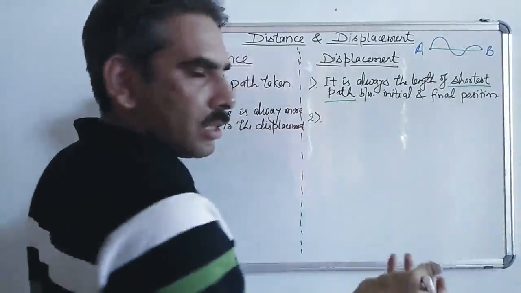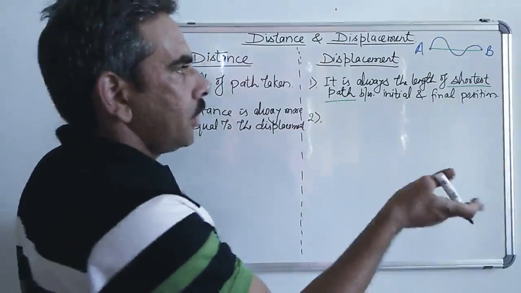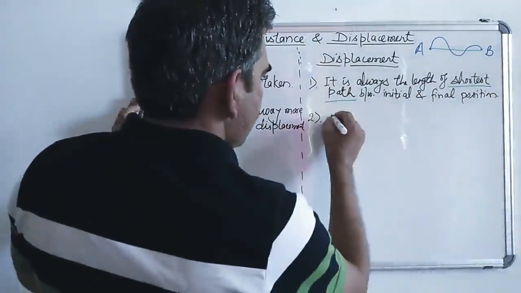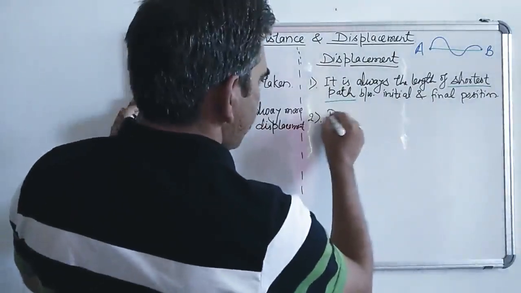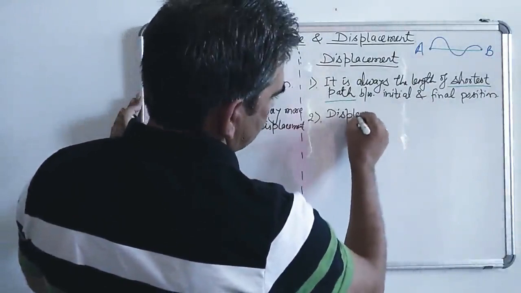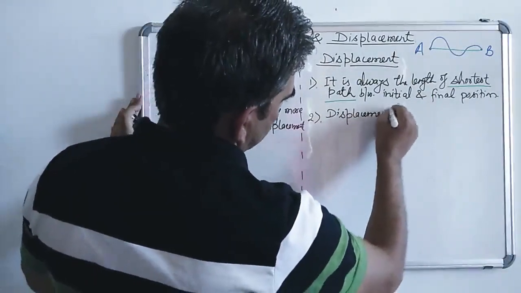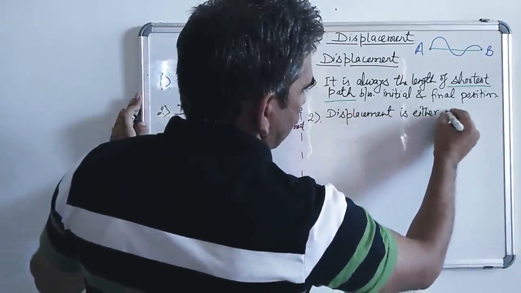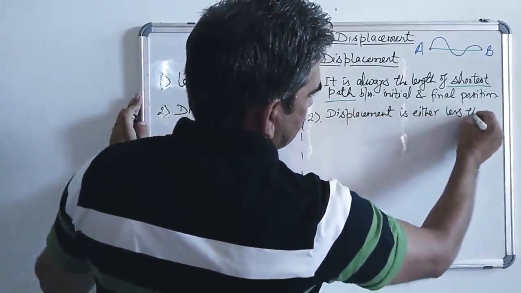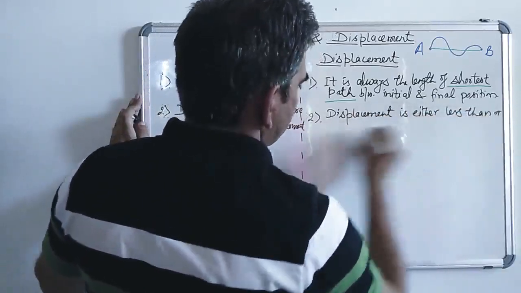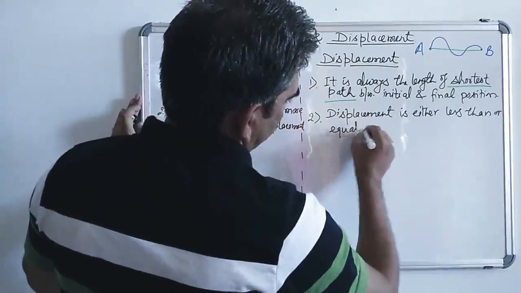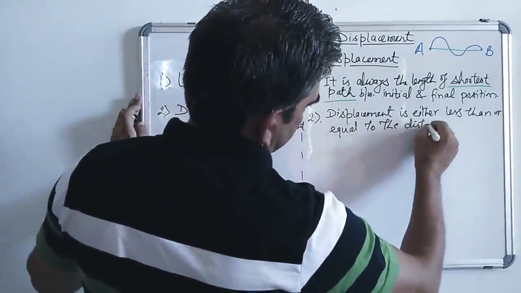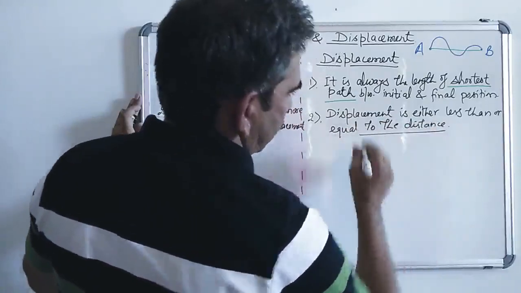It is always less, or if the path is along the straight line, then it can be equal to the distance. So displacement is either less than or equal to the distance that has been followed by the object.